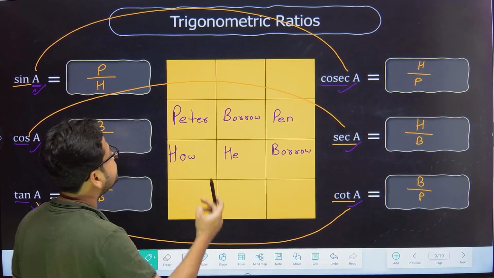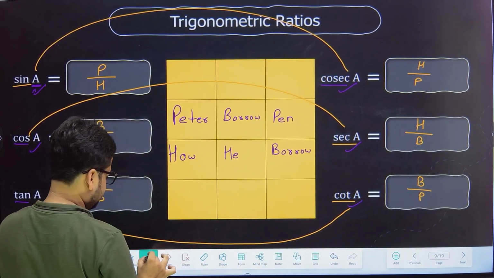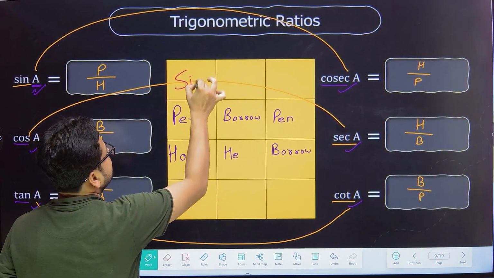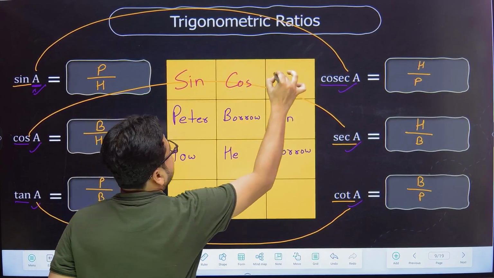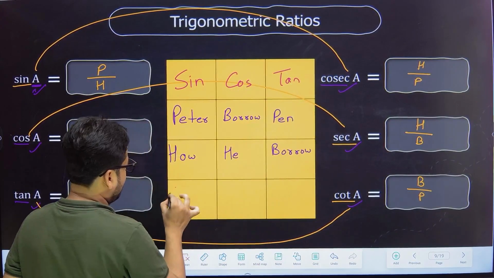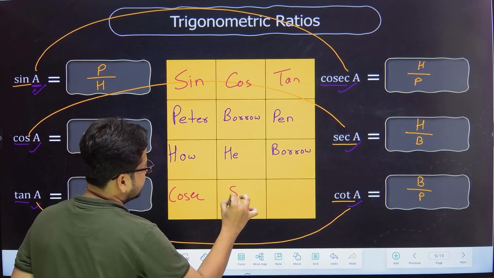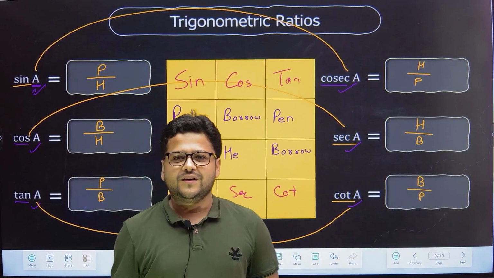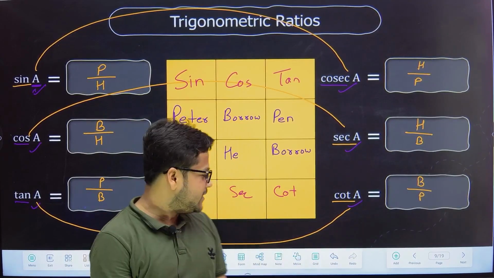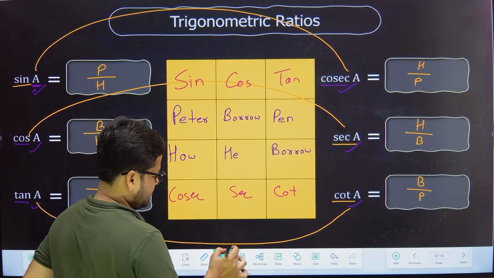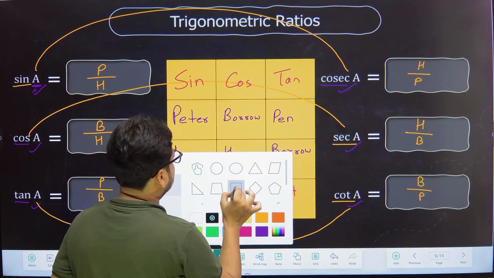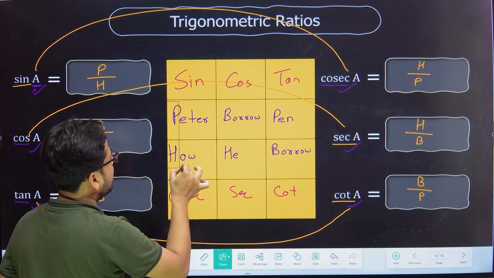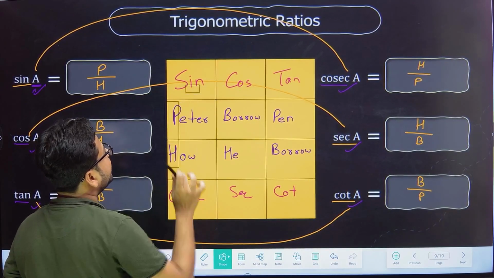And you should know the order also. What is the order? The order is so simple. Sine, cos, tan, cosec, sec, and cot. You should know this order as well. So students, how this mnemonics works, just pay attention over here. P upon H, perpendicular upon hypotenuse, sine, right?